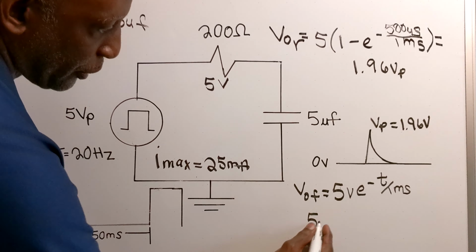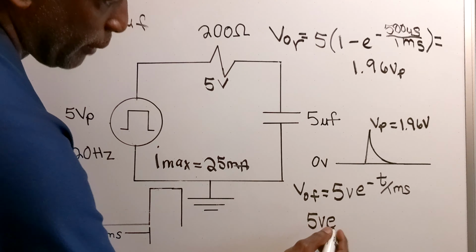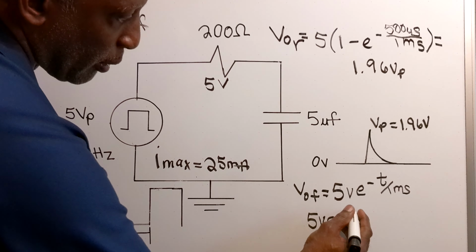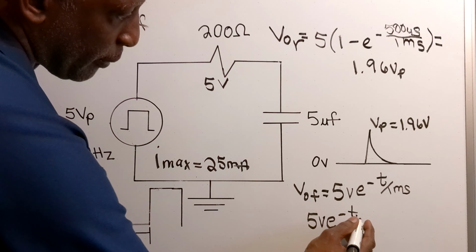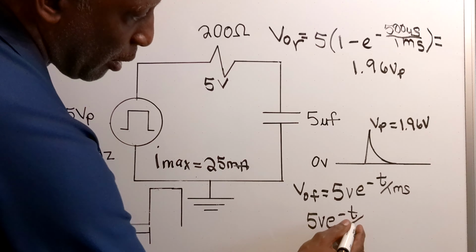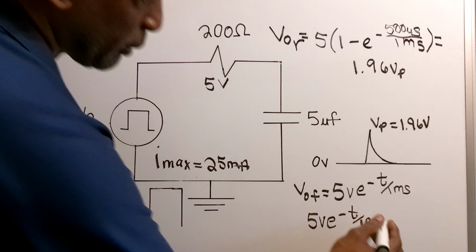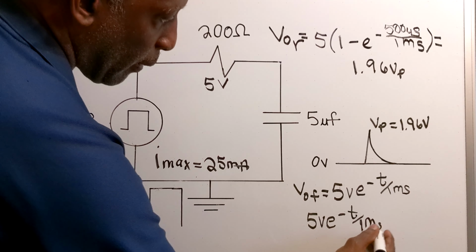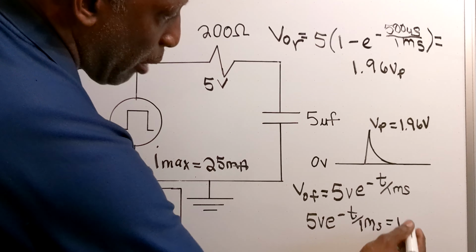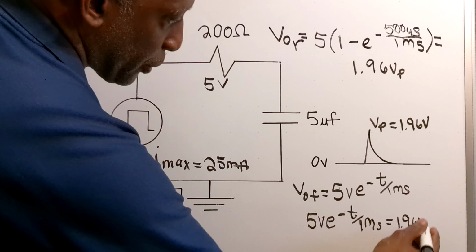You go 5 volts times e, with the exponent negative, over T over 1 millisecond, equals 1.96 volts.